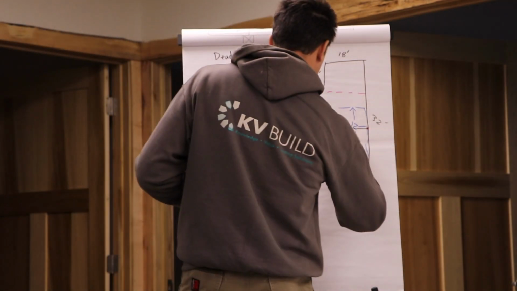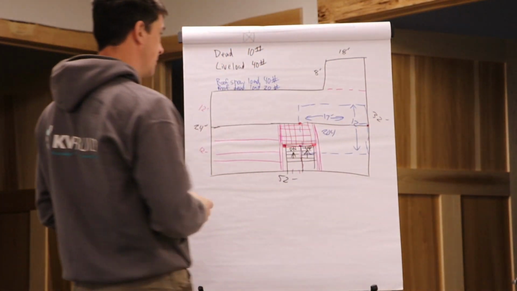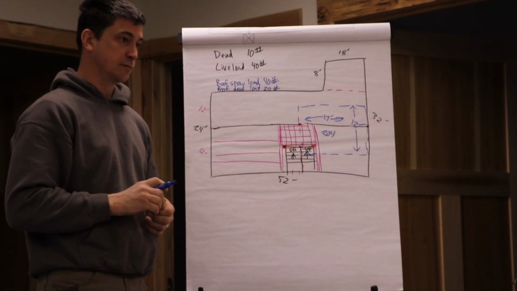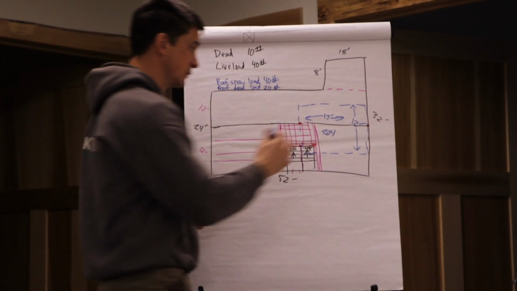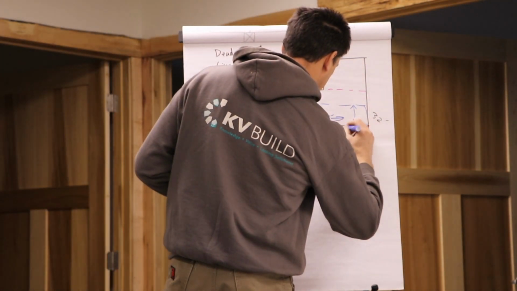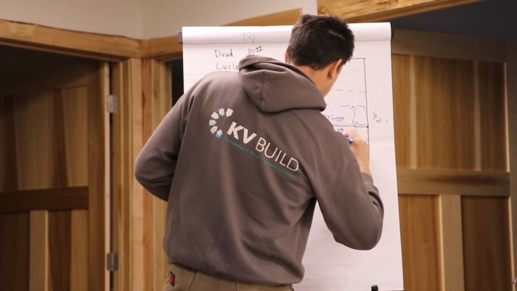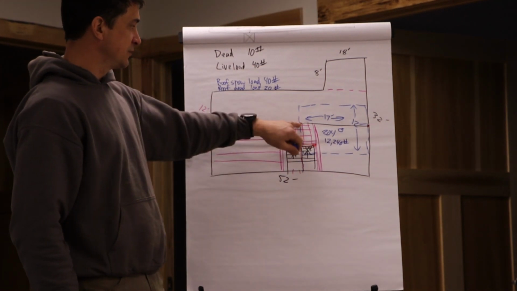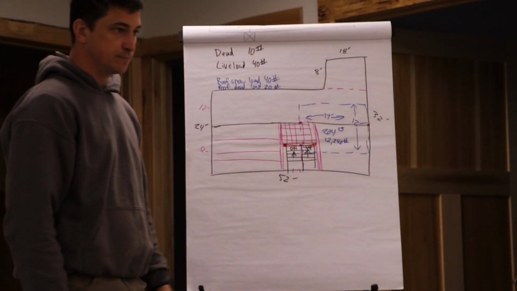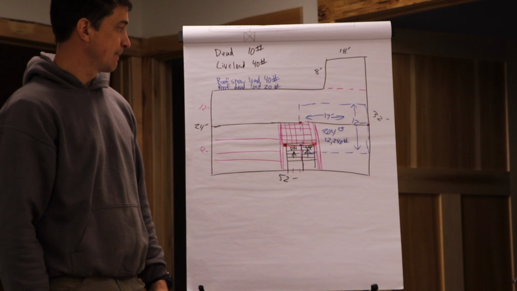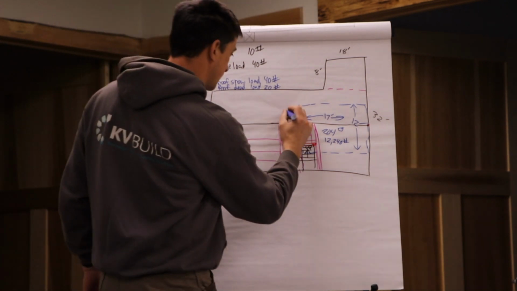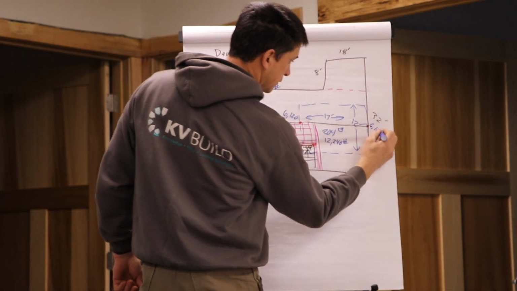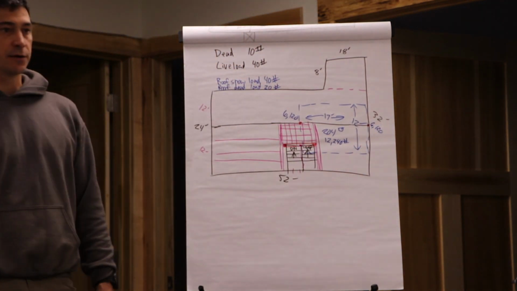Okay. 204 times 60 is 12,240 pounds. Okay. So, how much load's on this point and on that point? 6,120. Okay. Pretty easy to carry, right?